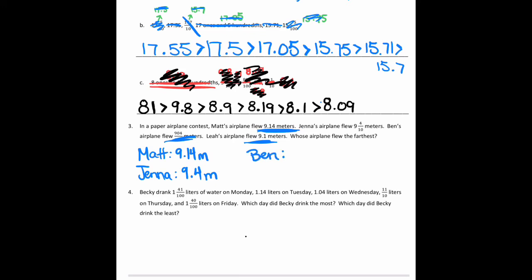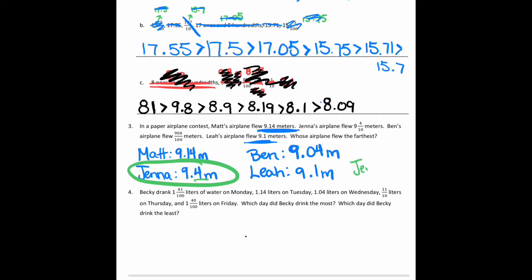Looks like it's 9 and 4 hundredths, which would be 9 wholes and 4 hundredths, so it'd be 9.04 meters. And Leah's would be 9.1 meters. Out of all those, they all have 9 wholes, so then we look at the tenths place, and the one with the most tenths is 9.4, so Jenna's airplane flew the furthest.